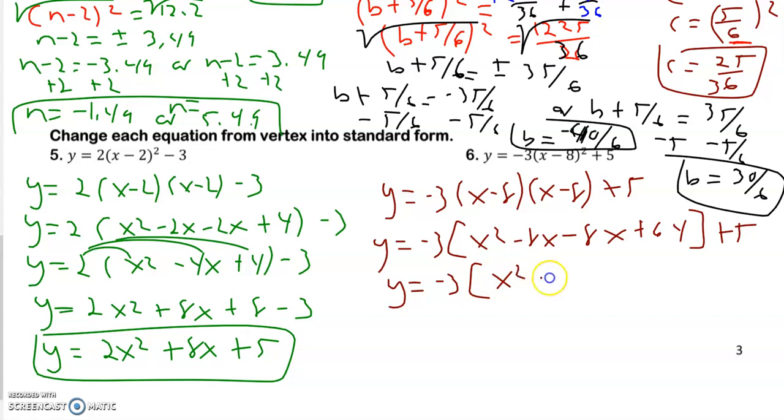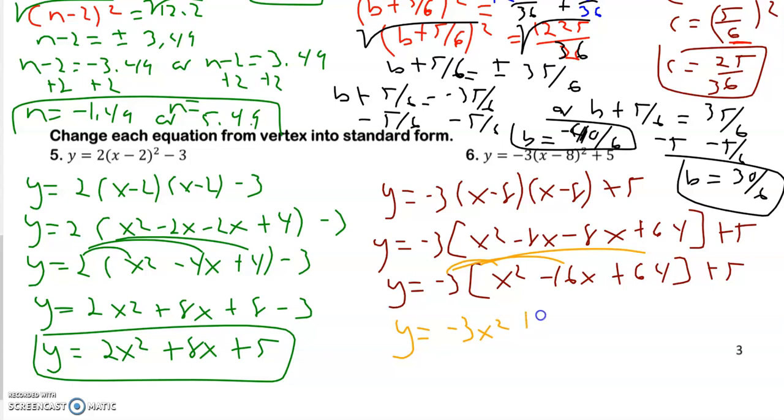And I get x squared minus 16x plus 64 plus 5. Finally, I need to distribute, and I get y equals negative 3x squared plus 48x minus 192 plus 5. And then I get y equals negative 3x squared plus 48x minus 187.